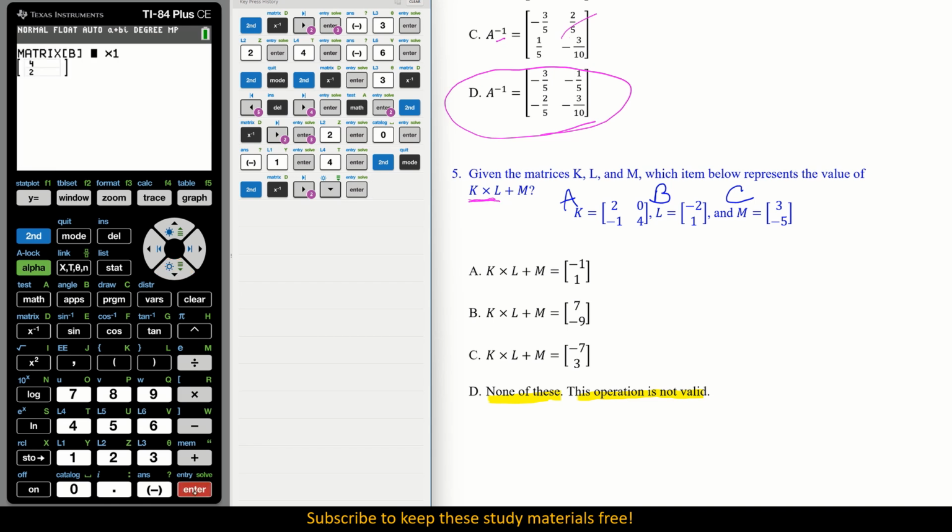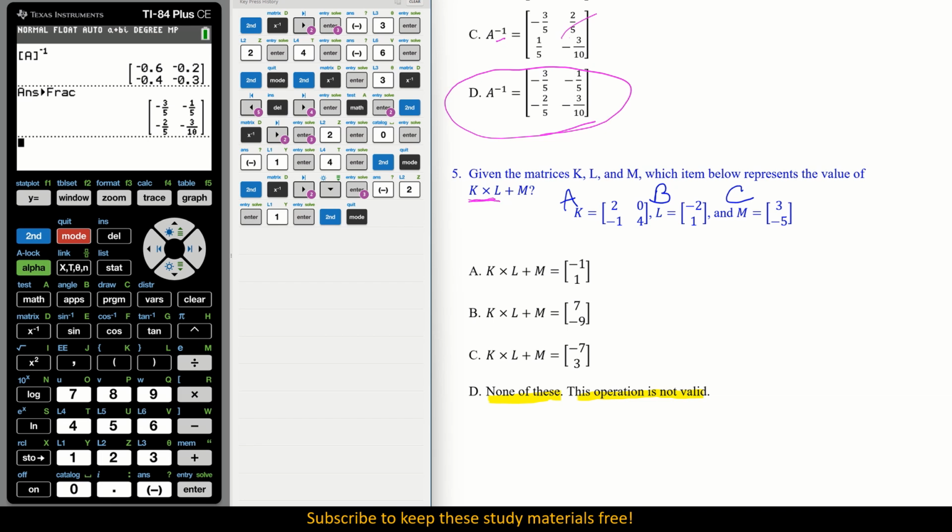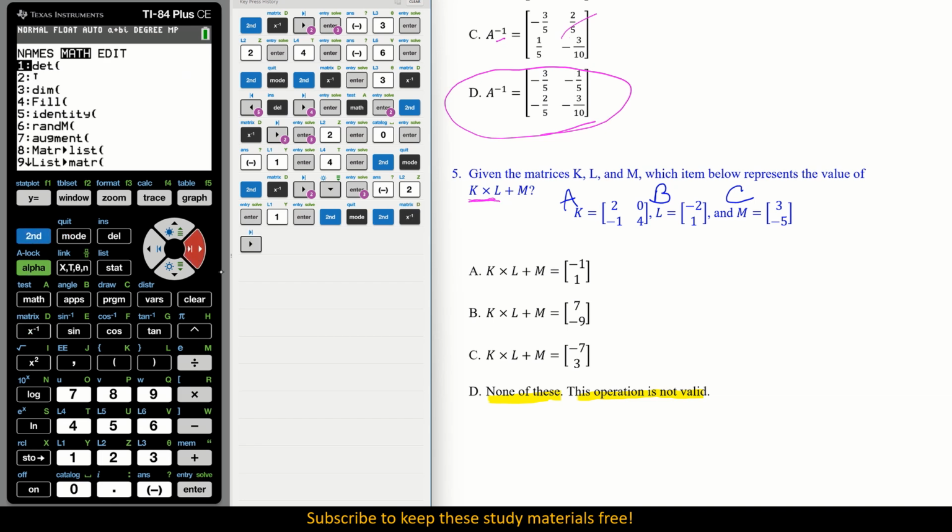Okay, now let's see. That is not the correct value. It's the correct size matrix, but we need -2, enter, and 1. Okay, and again, remember, second mode back out, and then you go second, matrix, go to edit, and now we're going down to number 3 or C.